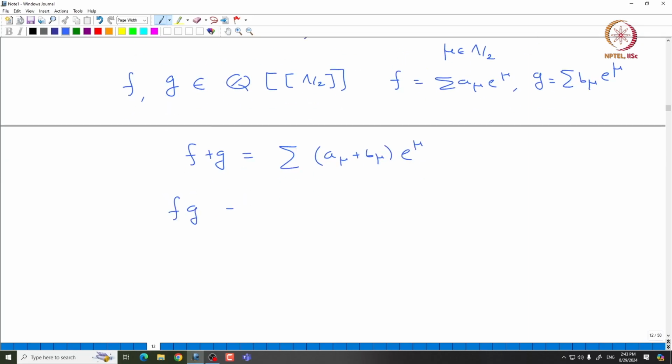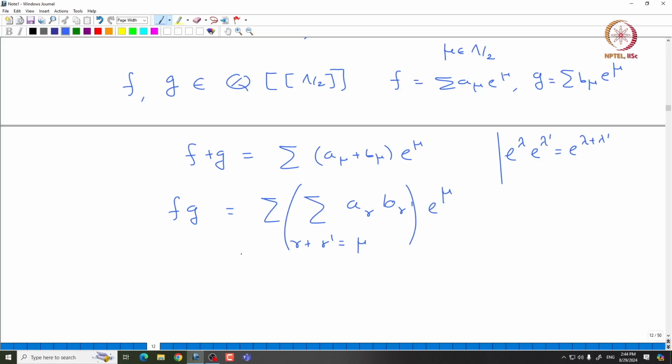The product is given by convolution product. You take the product e power lambda times e power lambda dash to be e power lambda plus lambda dash, and then extend this bilinearly. So, this is exactly summation a_gamma b_gamma dash, where gamma plus gamma dash equals mu, times this e power mu.